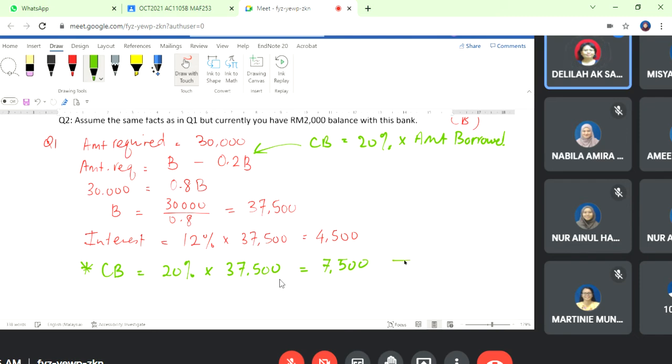Now in the exam, you may be able to skip this step, provided that your calculation up here is correct.